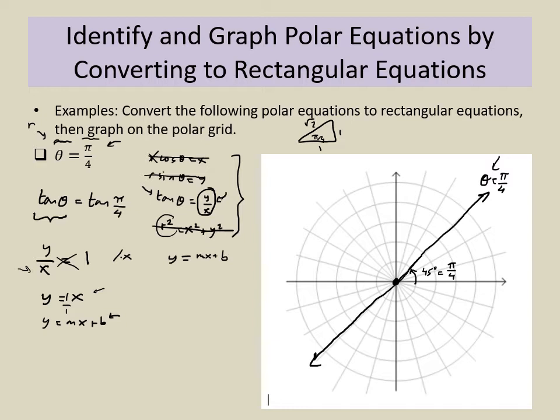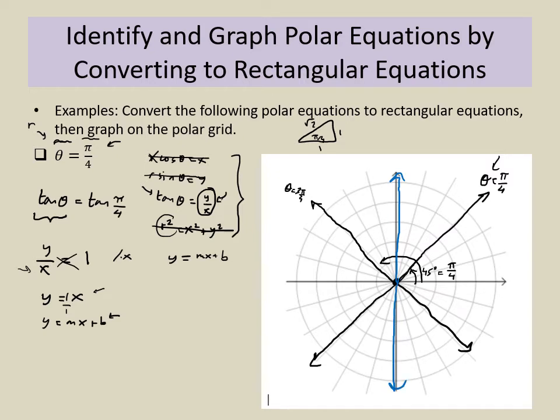Well, here's the angle 3 pi over 4 right there. So the equation of the line theta equals 3 pi over 4 is this line. Right? That's the equation of the line theta equals 3 pi over 4. What about this line in polar coordinates? What's the equation of this line here?